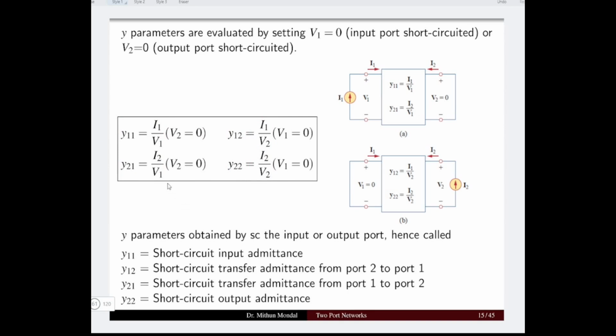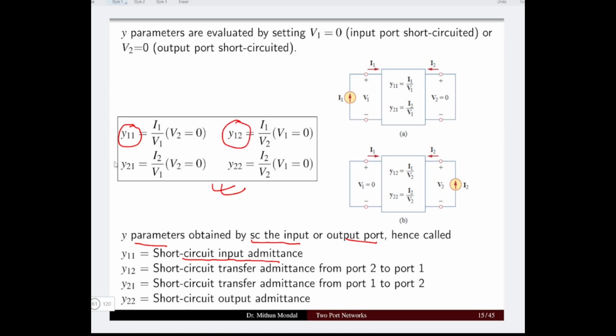So in this way we can obtain all the parameters. These Y parameters, which are generally obtained by short circuiting the input or output port, are generally defined by names. For example, Y11 is known as the short circuit input admittance.